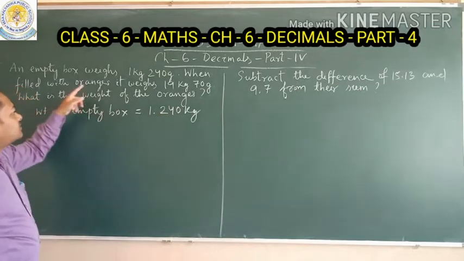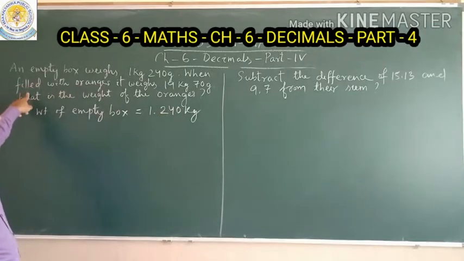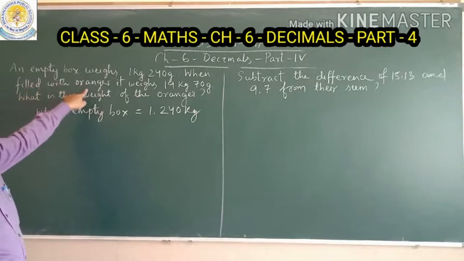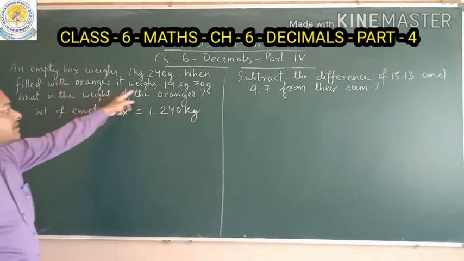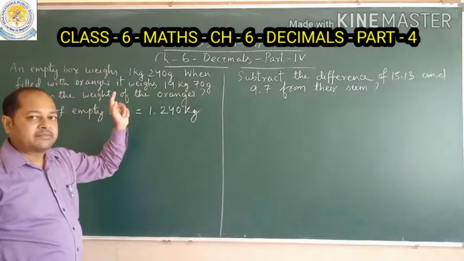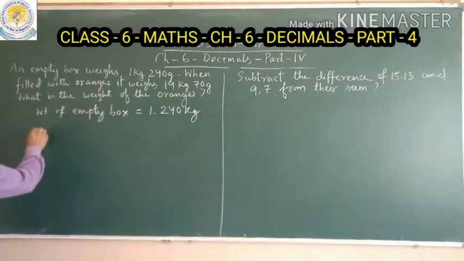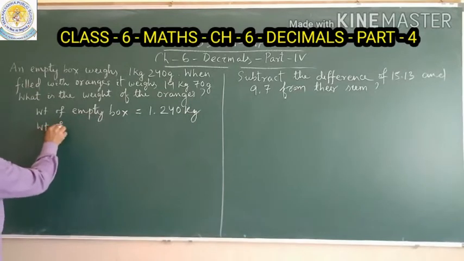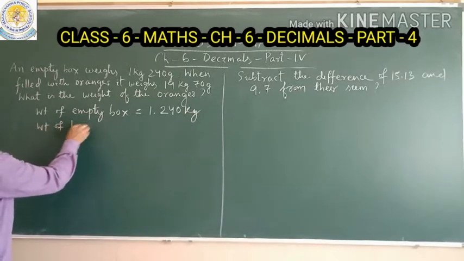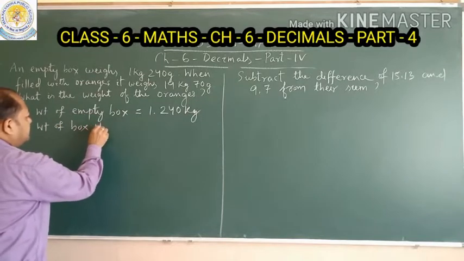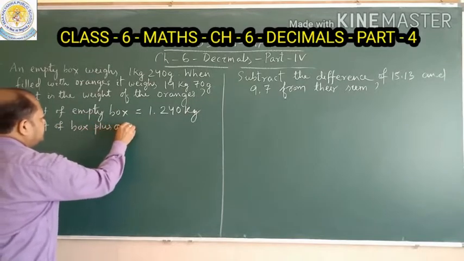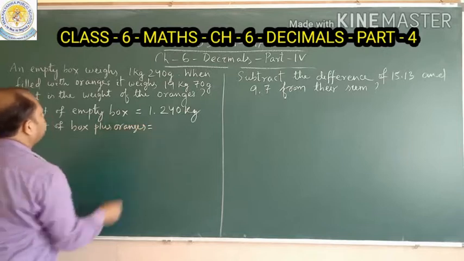Now the next line says that when filled with oranges, that means the box weight plus the oranges weight together is 19 kg 70 gram. So write down weight of box plus oranges equal to how much?